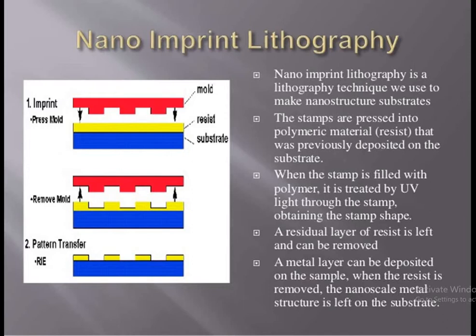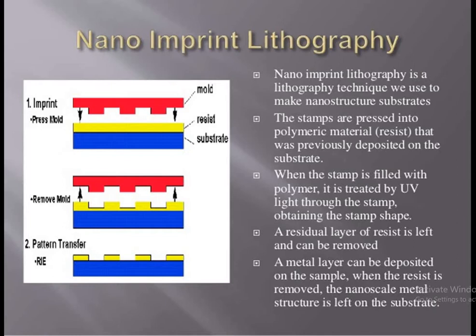On that substrate a polymeric material called resist is deposited, and on that resist this stamp is pressed. Now after that, when the stamp is filled with the polymeric material, it is treated using ultraviolet light through the stamp, obtaining the stamp shape.